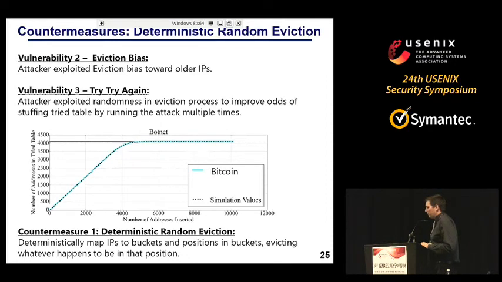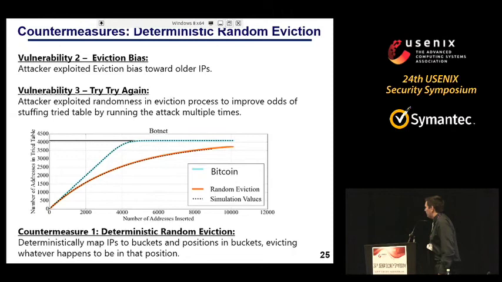So we propose a countermeasure of deterministic random eviction, in which not only do IP addresses map to buckets, but they deterministically map to positions within those buckets, evicting whatever happens to be in that position. This removes both of those vulnerabilities, and we get a much nicer line. So to get close to what under Bitcoin eviction took about 4,000 IP addresses, you'd need more than 10,000 IP addresses.